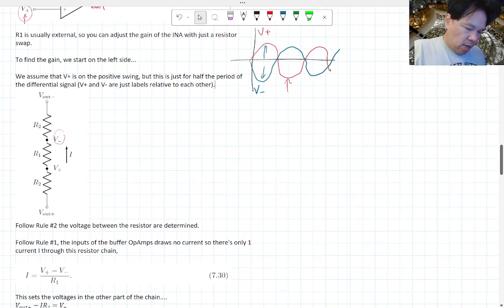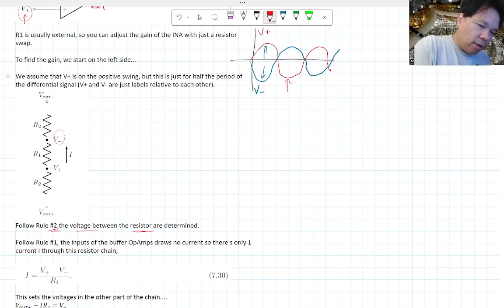So what we're going to do is follow rule number 2: the voltage between the resistors can be determined. I'm going to assume that the signal, the V plus, is on the positive swing, so therefore the V minus is on a negative swing. Since this is going to be higher potential versus here, the current is going to flow this way. Oops, sorry. The potential at V plus is going to be higher than V minus.